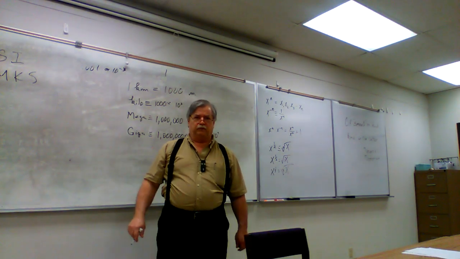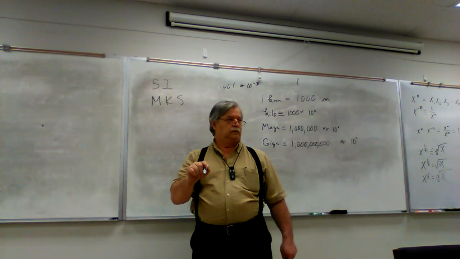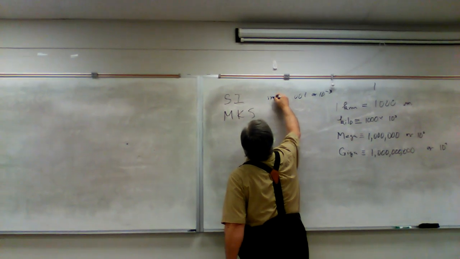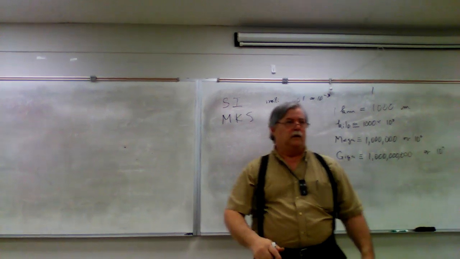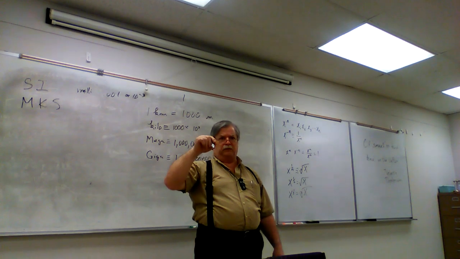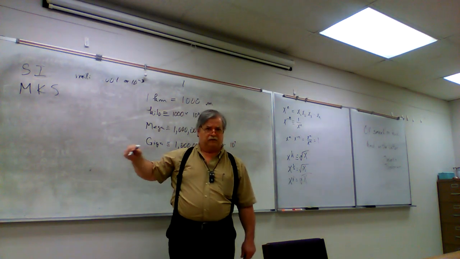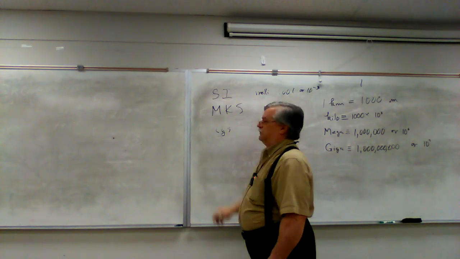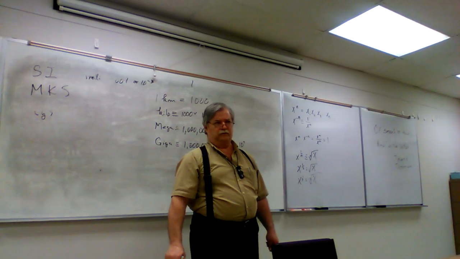Milli. Now, actually, there's deci and then centi. Deci would be 1/10, or 10 to the minus 1. Centi would be times 10 to the minus 2. That one we use because of CGS. Centimeters are convenient and handy for us to use.